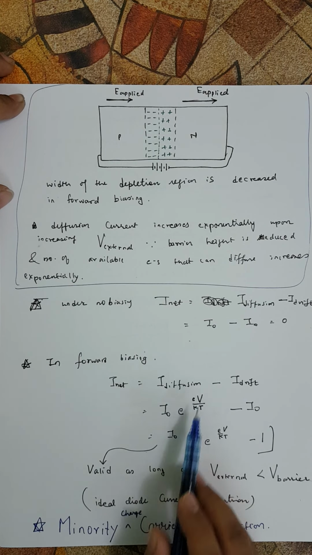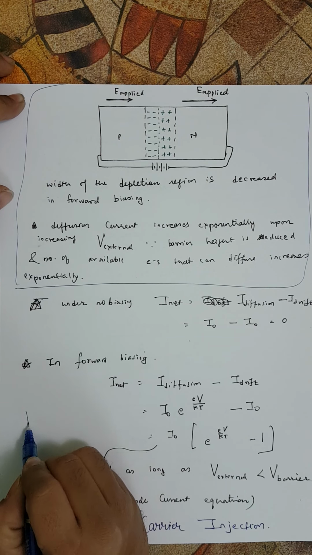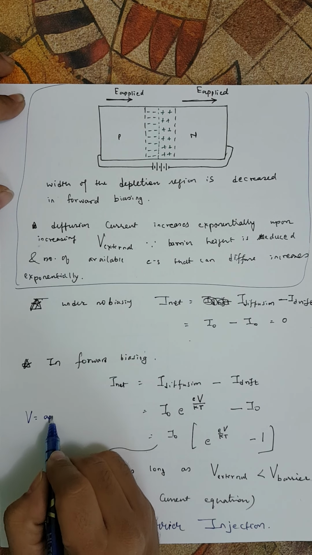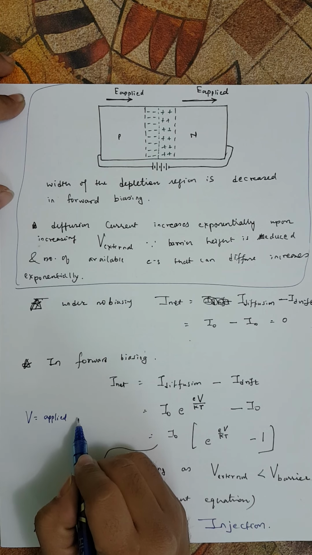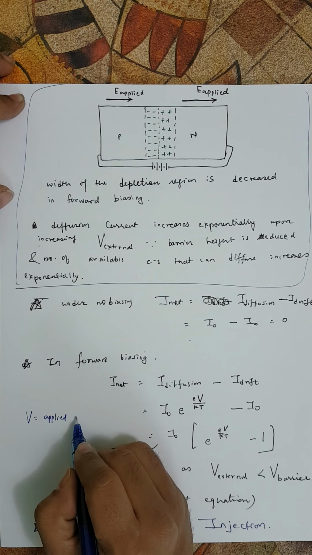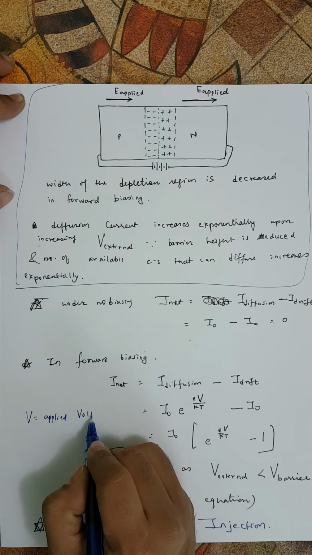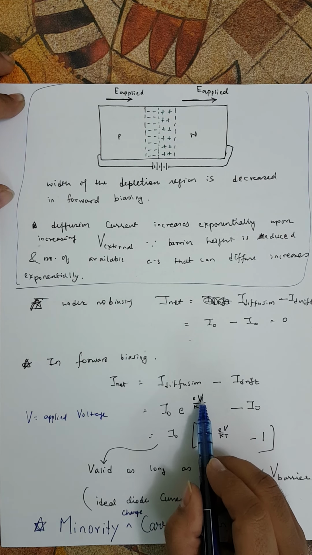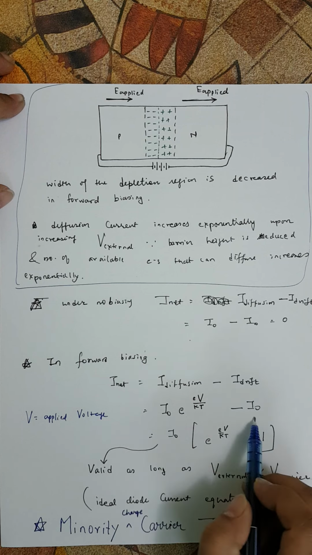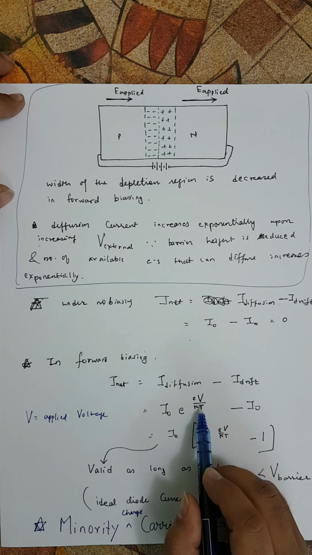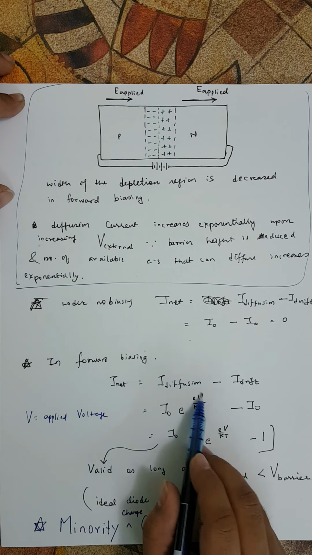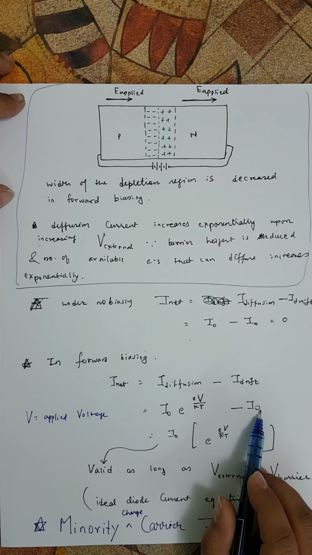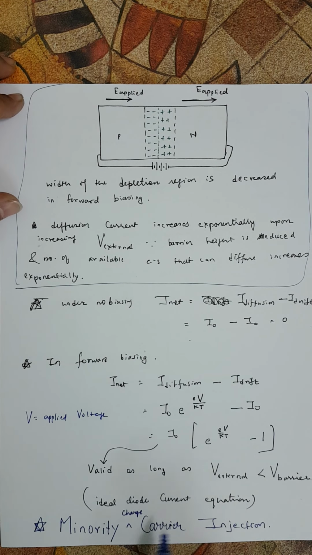So this V is the applied forward potential difference. Initially, when the applied voltage is 0, this term becomes 1, and so the net current is 0. But as we keep increasing the applied voltage, this diffusion current increases exponentially, whereas the drift current remains same.